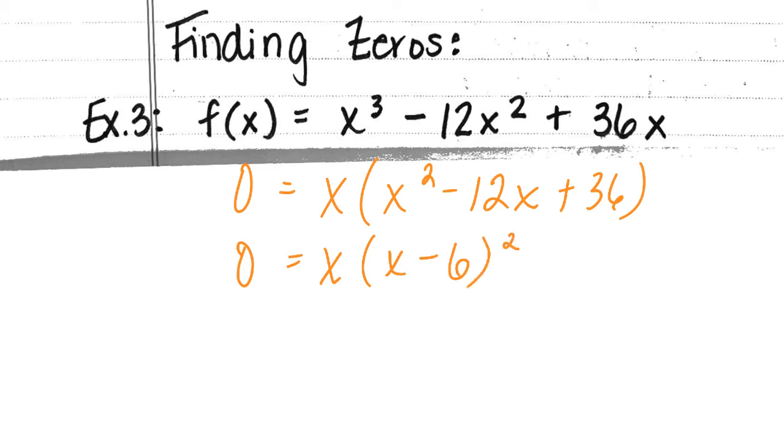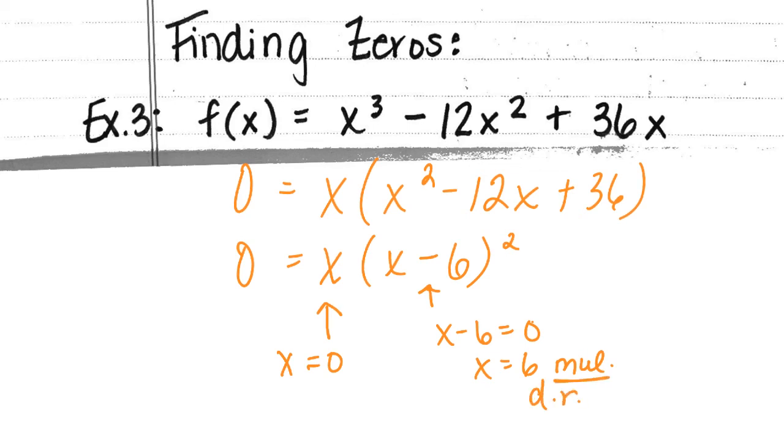So these are the factors: x, x minus 6, and x minus 6. The zeros, solutions, or roots: remember, we make them each equal to 0, so x is equal to 0. And we have two of these, x minus 6 is equal to 0, so x is equal to 6. Now, they call this multiplicity, okay? We used to call it a double root. The book now calls it multiplicity, so just be aware of that.